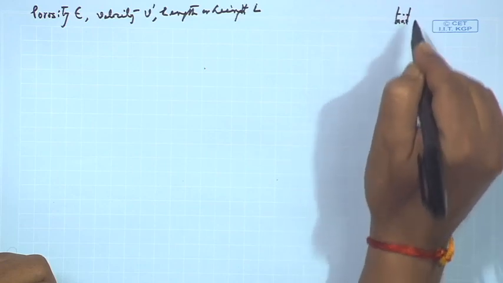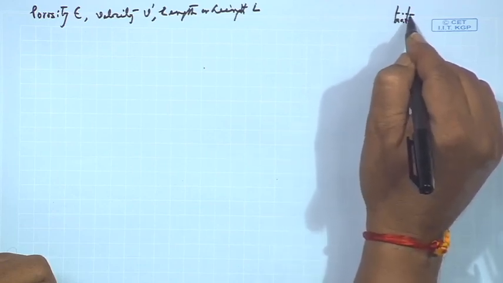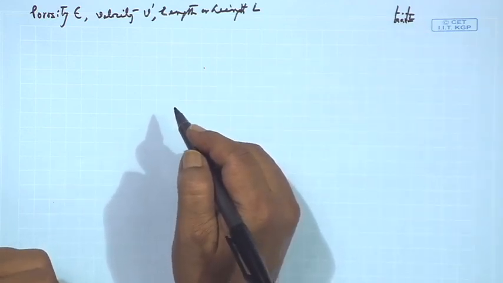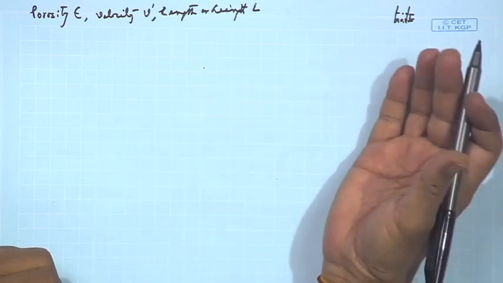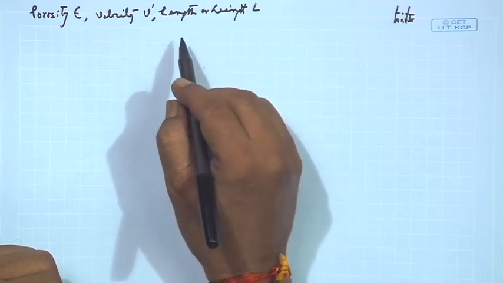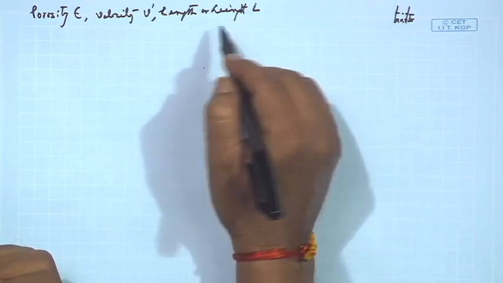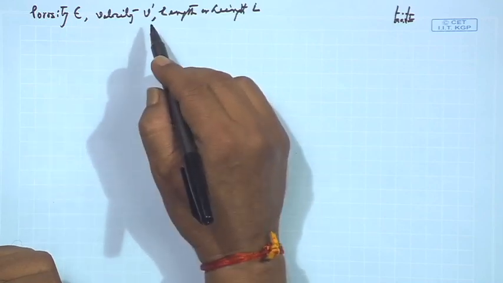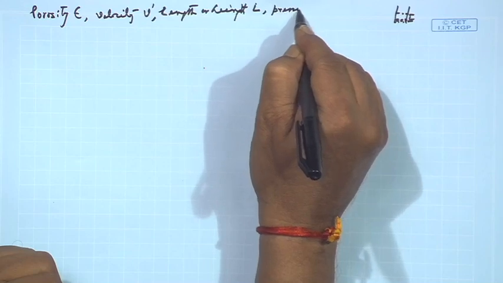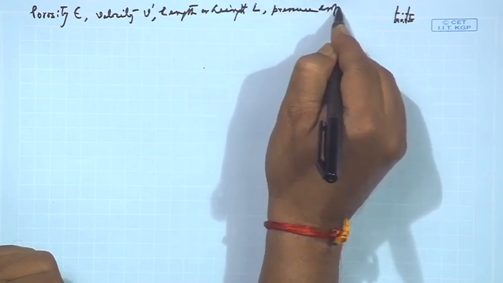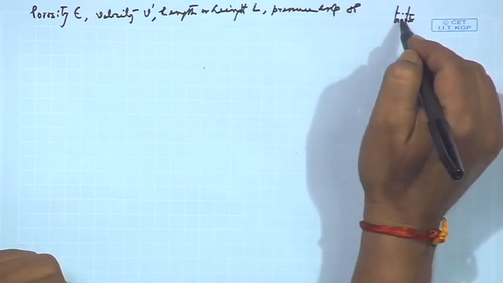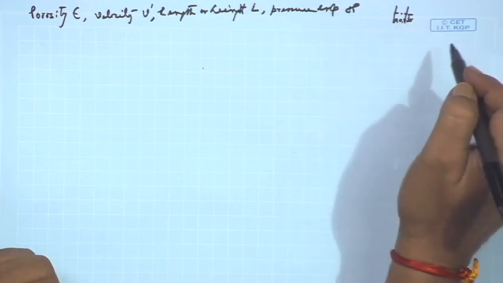This was the height, or L, whatever we call it. Normally, in most books it is L. You can also use the nomenclature H, it does not matter, as long as you define it. So, length or height L, epsilon, V prime, and pressure drop delta P. This is before the onset of fluidization.